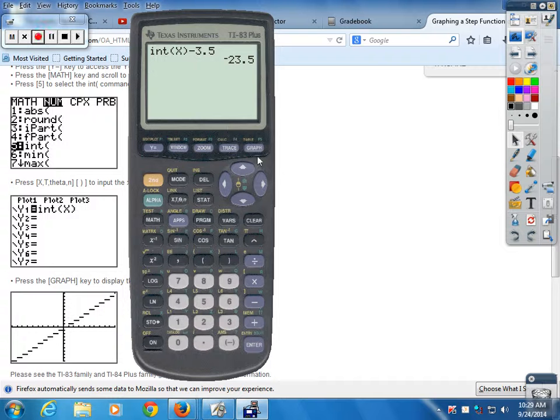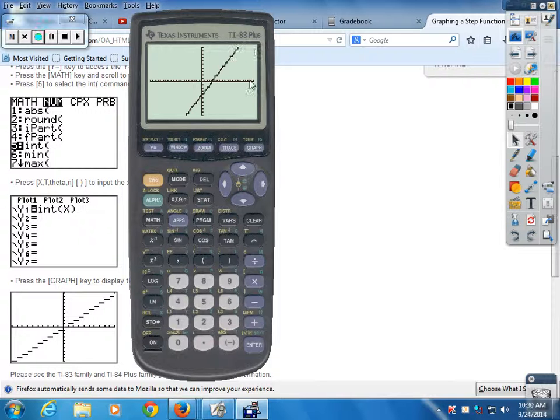But if you want to graph it, go to quit, graph, and type in interval here. Math, number, interval, take that out, take that out, and take that out, insert that. See if that'll work.